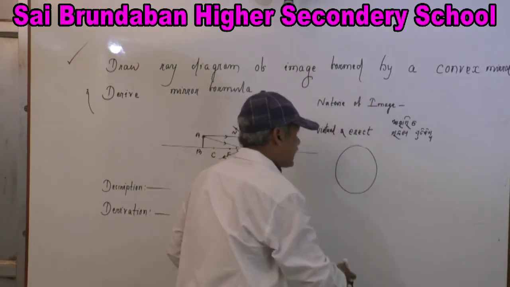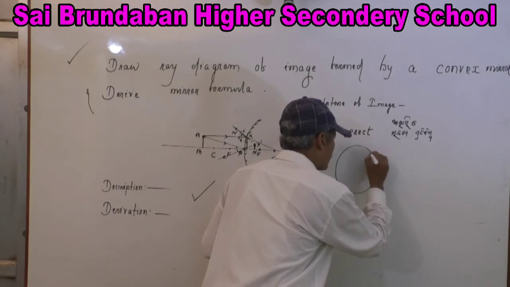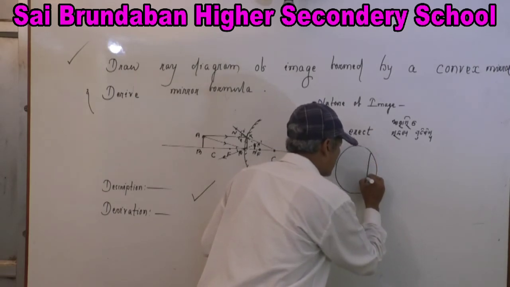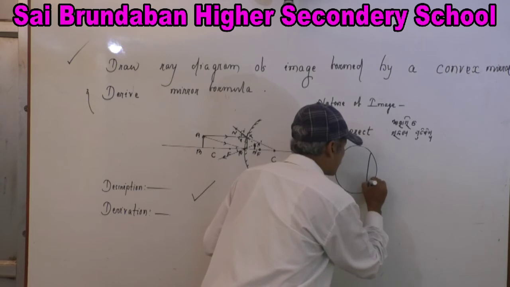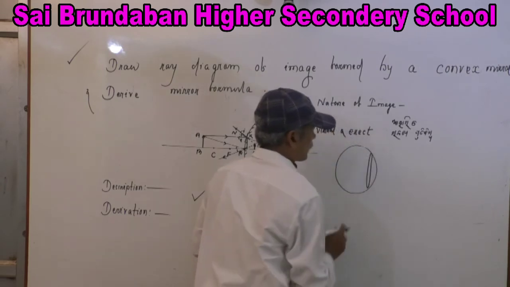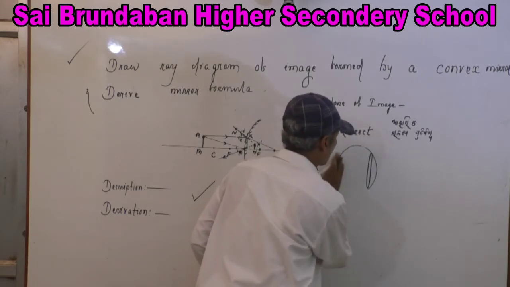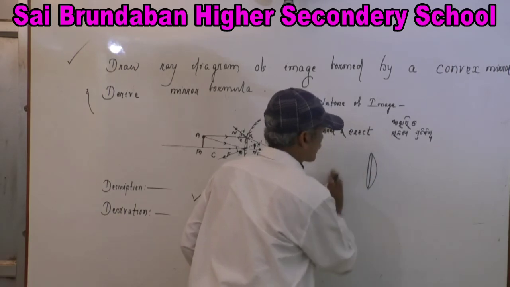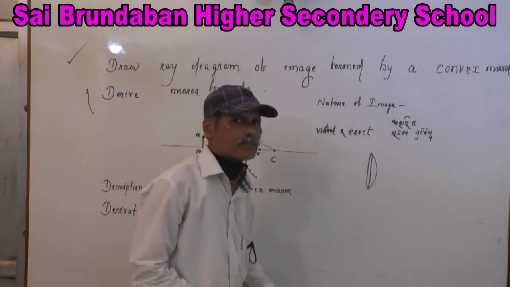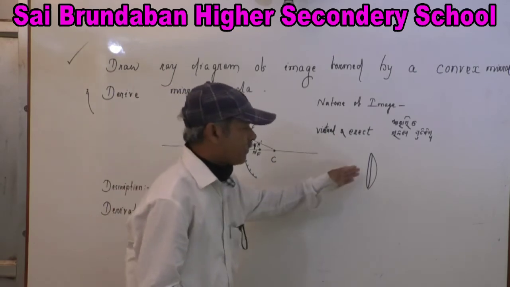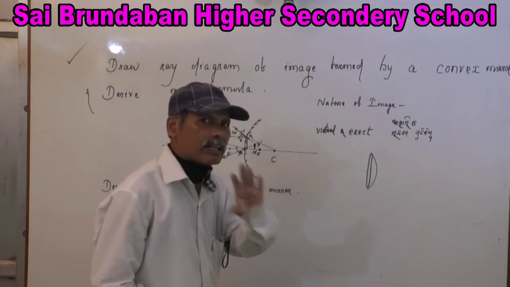You just cut a section. So now, it is a part of the spherical mirror. It is a part of the thin spherical glass.